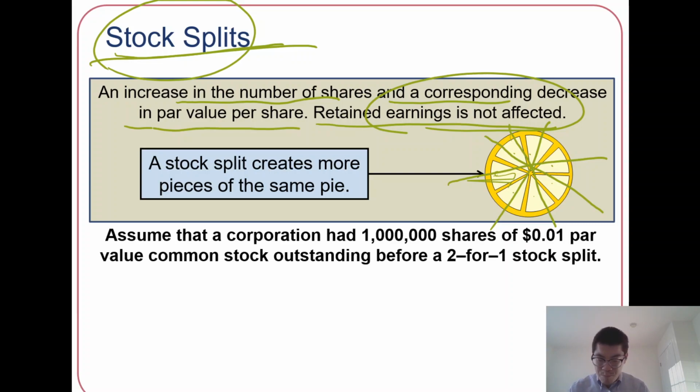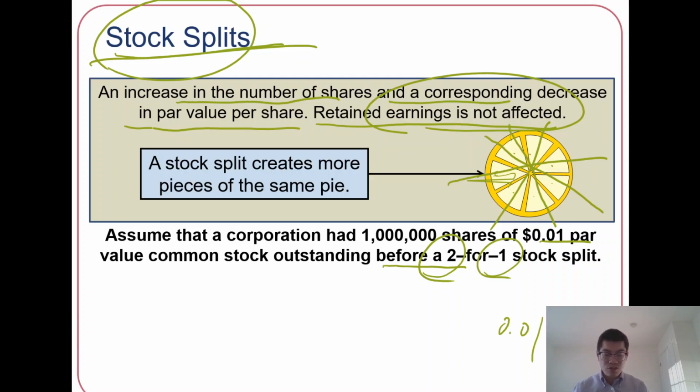Assume the corporation has 1 million shares of 1 cent par value common stock outstanding before a 2-for-1 stock split, which means one current share is going to be split into 2 shares. The total par value doesn't change. It's 1 cent for a share before the split, but after the split, 1 share becomes 2 shares, and in total the par value still doesn't change.